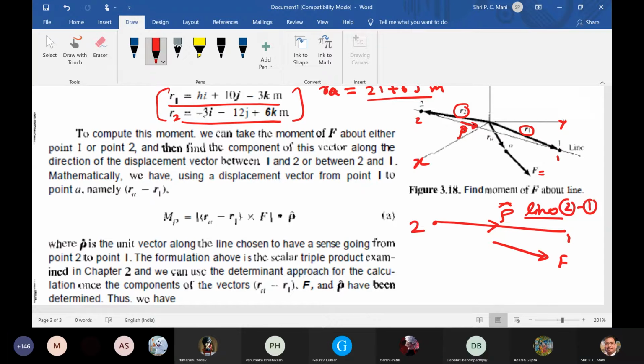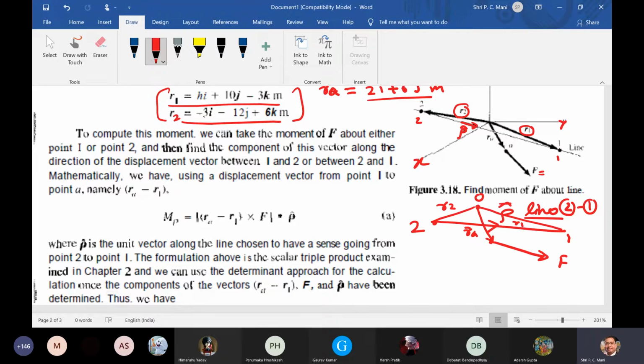Anywhere this is the origin, and from the origin it is also given that the position vector which is on the line of action of this force is RA. Okay, clear? RA is also given, and further it is given that this is R2 and this is R1.